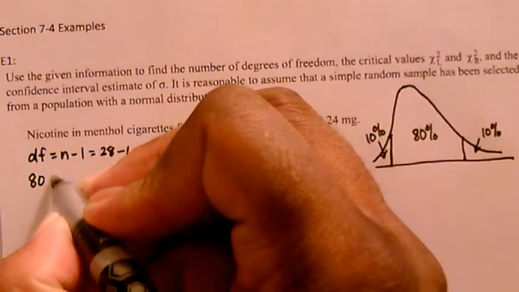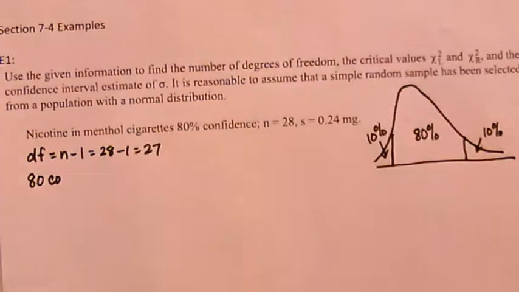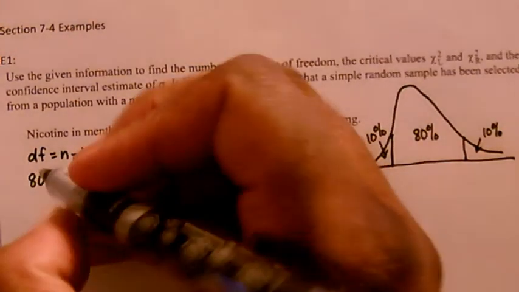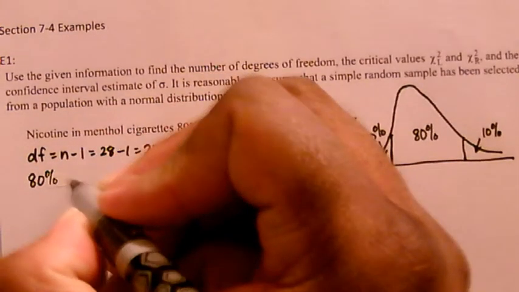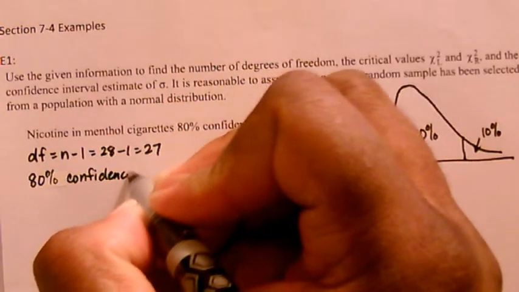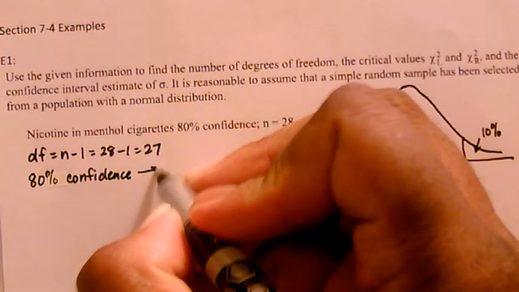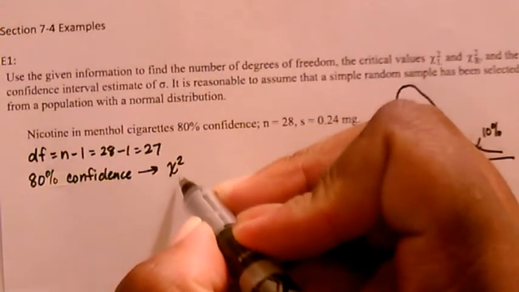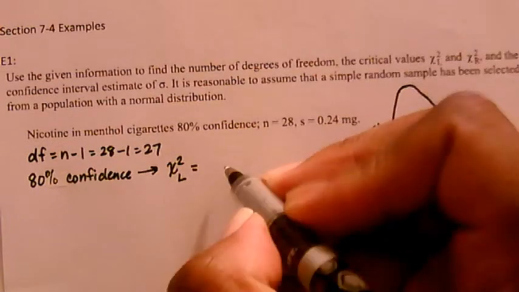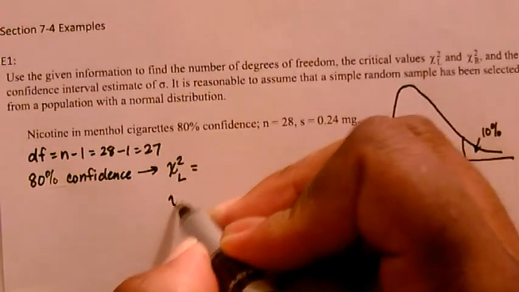And we have an 80% confidence level. So from here we can find the chi-square value on the left and the chi-square value on the right.